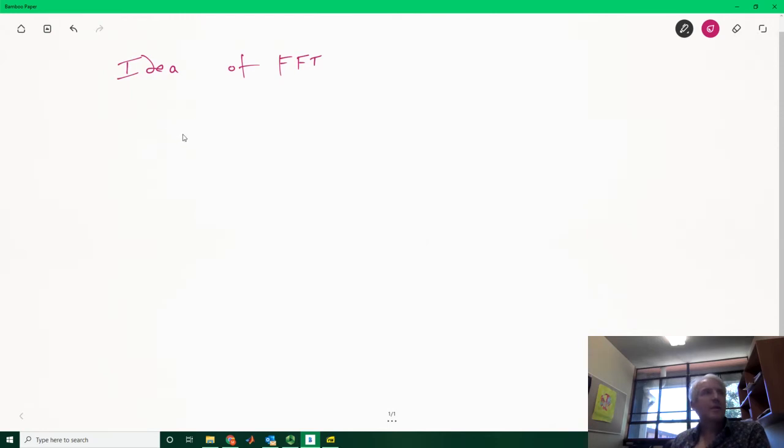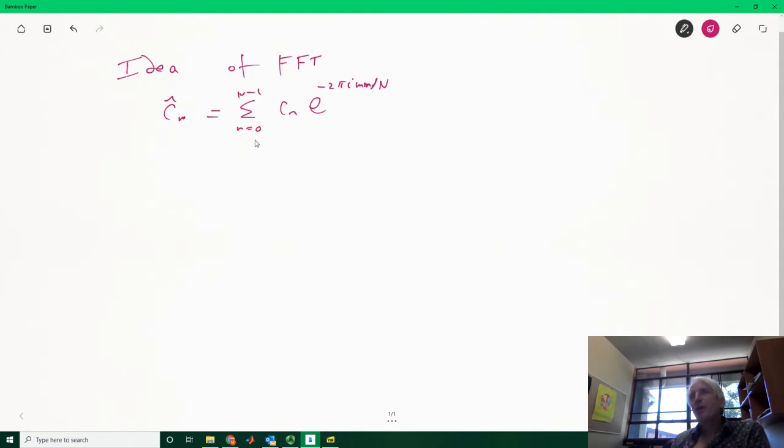Okay, so here's how it works. You've got this expression: c_m hat is the sum from n equals 0 to N minus 1 of c_n times e to the minus 2 pi i mn over N. One of the things about the fast Fourier transform is that it's only quicker if the number of points is a power of 2 or something that you can factorize.